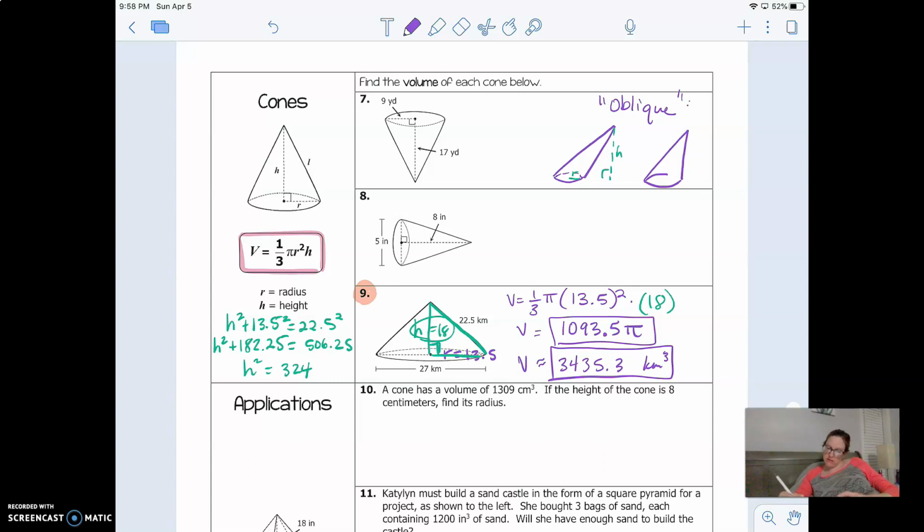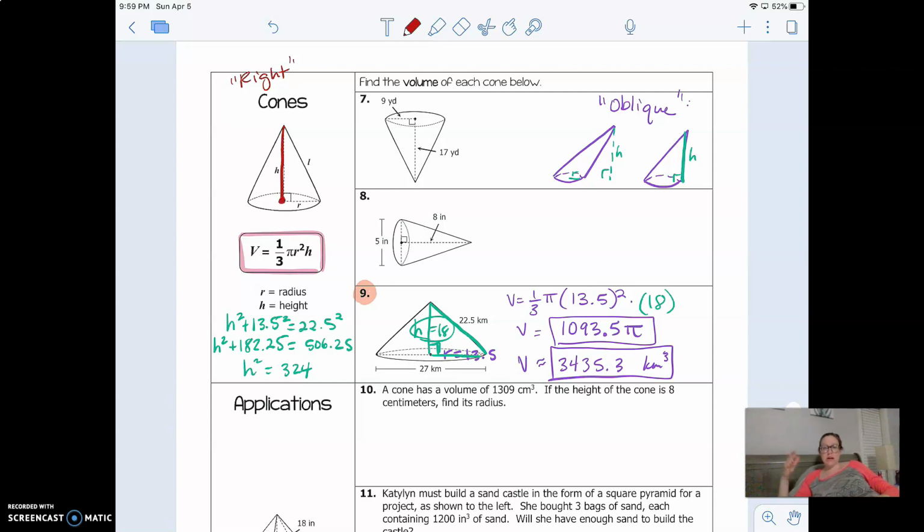one of the sides of the cone is actually already perpendicular to the edge of the circle. So the difference between an oblique cone and what's known as a right cone is that the height, which is still perpendicular to the base, goes directly to the center of the base in a right cone.